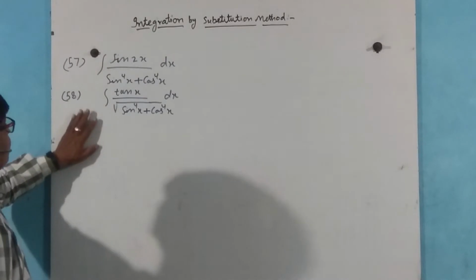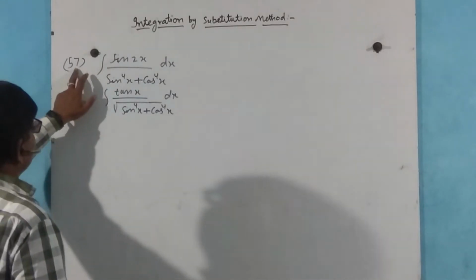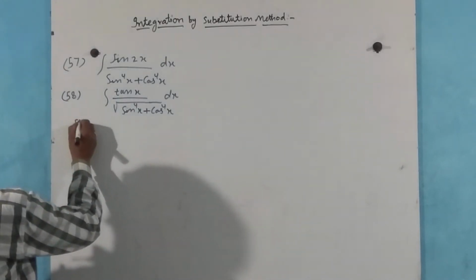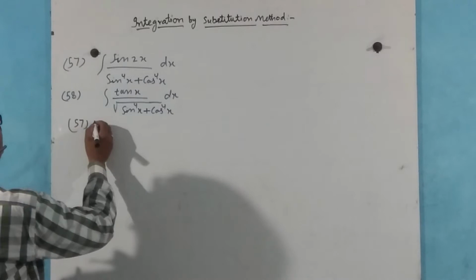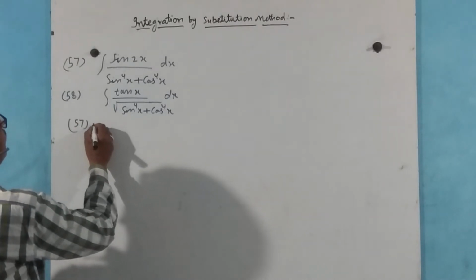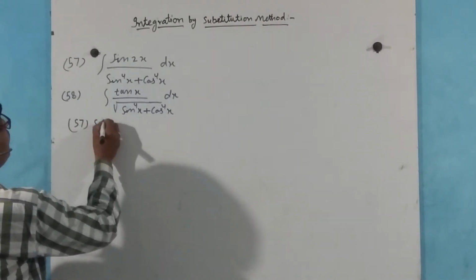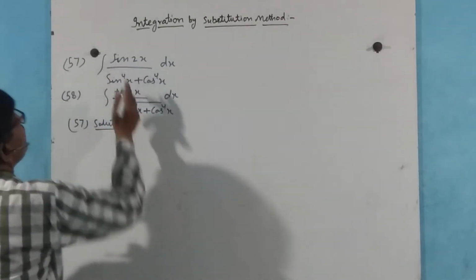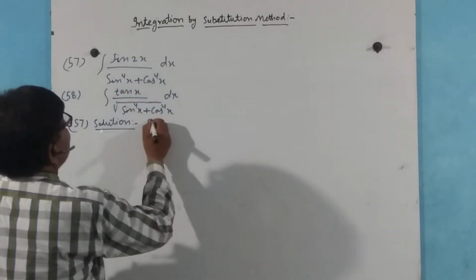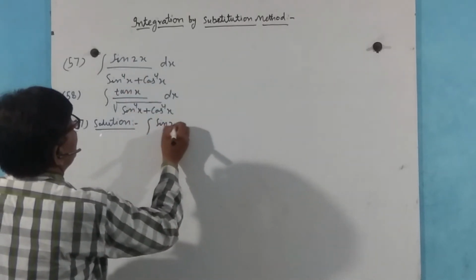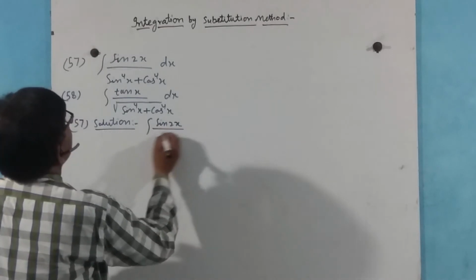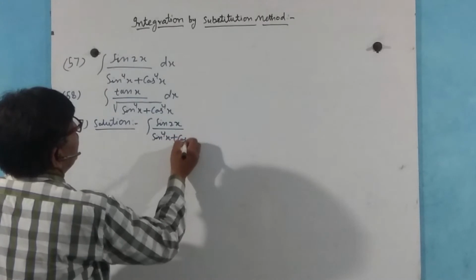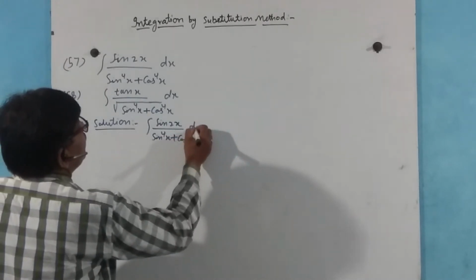Now the solution of question number 57. Solution: integration of sin 2x divided by sin to the power 4 x plus cos to the power 4 x dx.